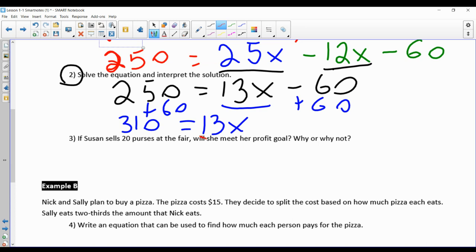If I want to fix this, I'm going to divide by 13 on each side. Those would cancel, leaving the x by itself, and we're left with 310 divided by 13, which all I have to do is grab a quick calculator here. Same with you. If you want to solve this out, I'd recommend grabbing a calculator and working this through. Oops.